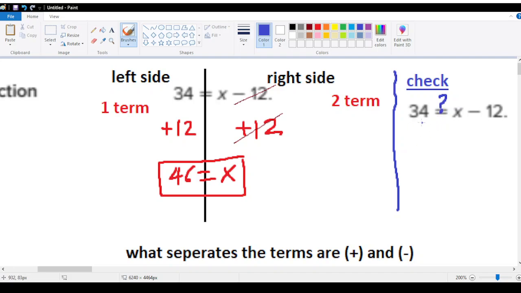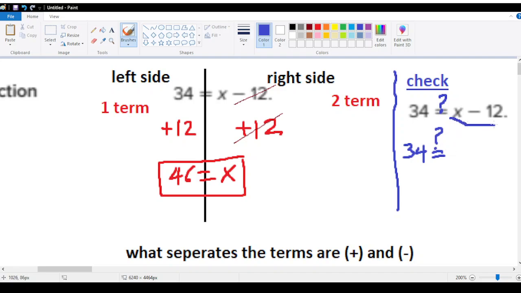Why? Now, I will tell you why. On the left side, we will drop it because it's a constant. There isn't any variable. 34. And then I write equal with a question mark.